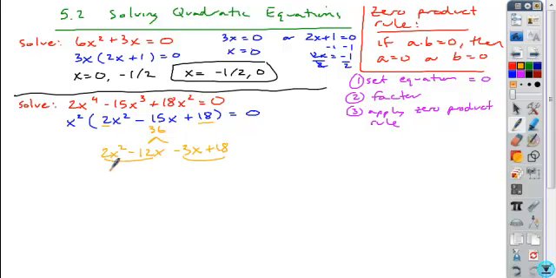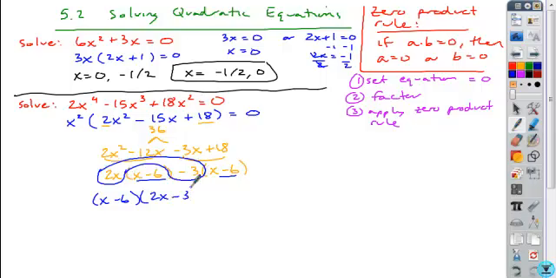When I do that, I can remove a common factor of 2x, leaving x minus 6, and from the second pair of terms, remove a common factor of negative 3, leaving an x minus 6. And if I've done that right, I should have a common binomial factor, which is x minus 6. The remaining factors of 2x and negative 3 form the terms of my other binomial. And do remember, you have to bring this early factor that you removed out as well.